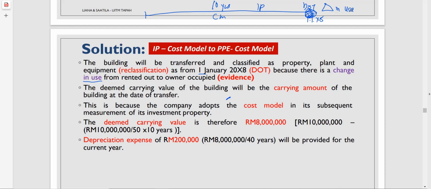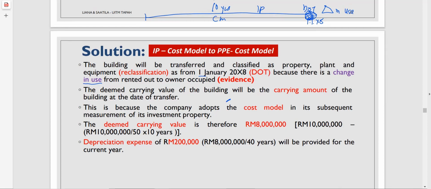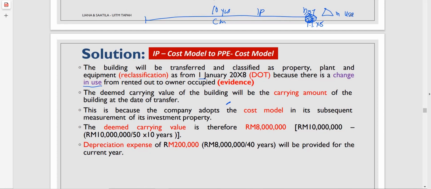The IP building carrying amount, which is at cost minus accumulated depreciation minus accumulated impairment loss, would be the carrying amount of the building as a PPE on the date of transfer. This is because the company adopts the cost model.